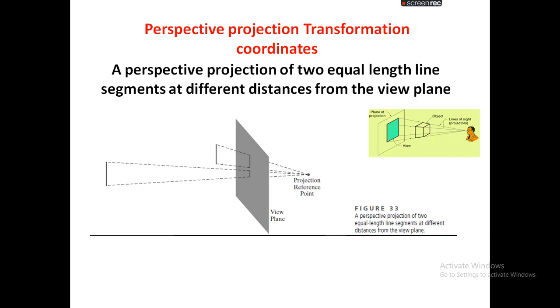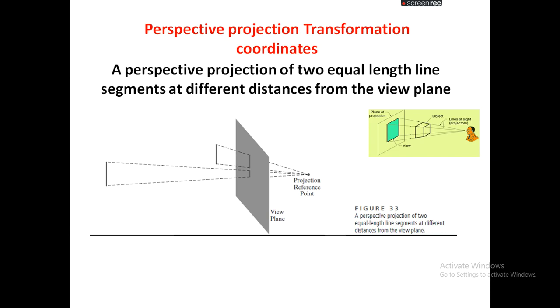Now I want to continue the perspective projections topic. In the case of parallel projections, we discussed the parallel projection coordinates. Similarly, when we are using perspective projections, we should know the perspective projection transformation coordinates.